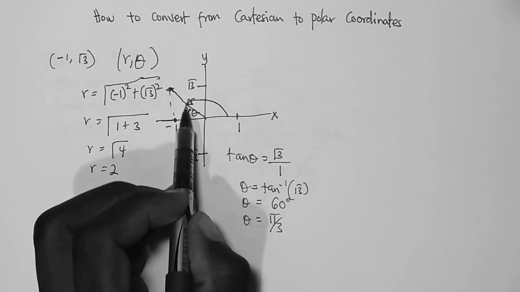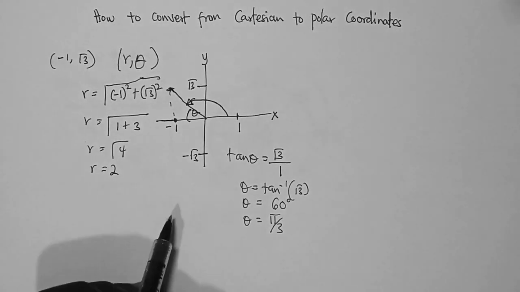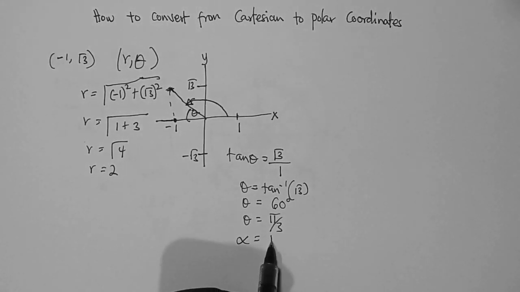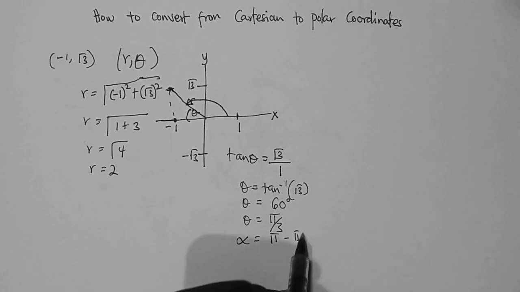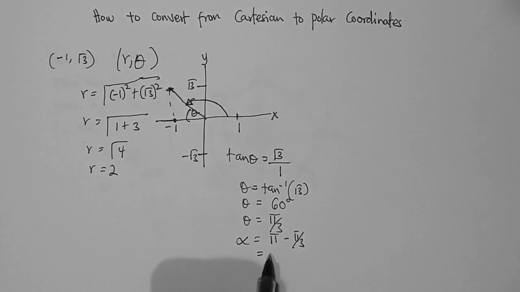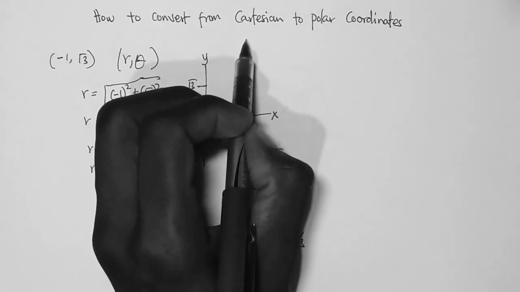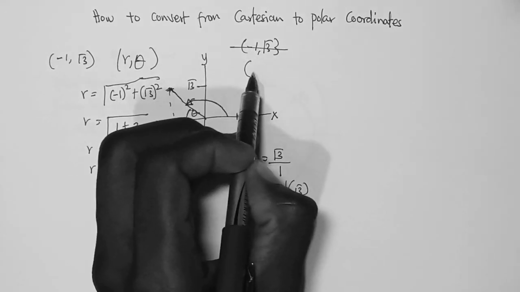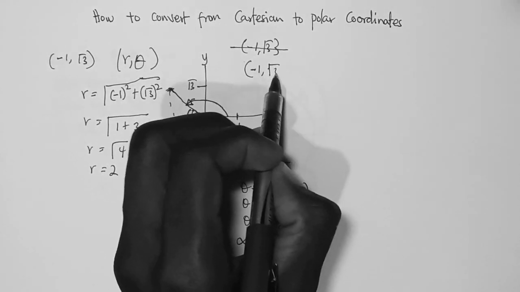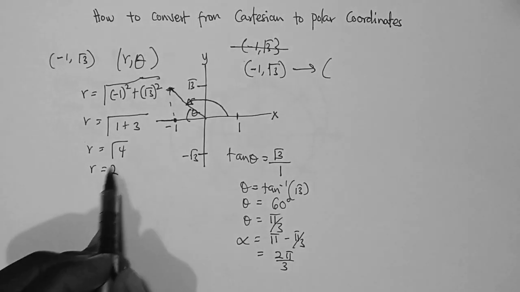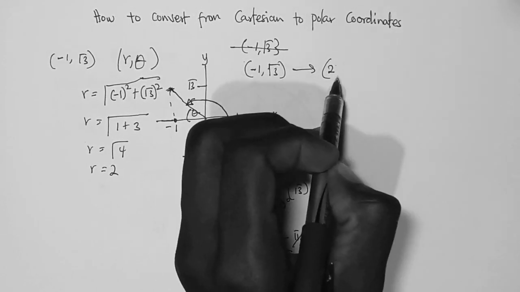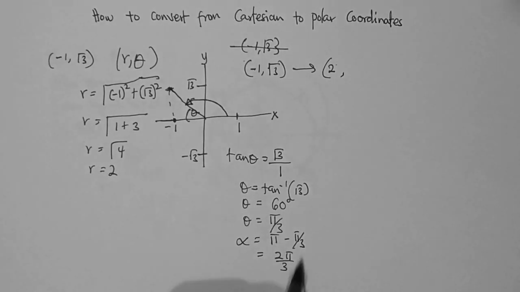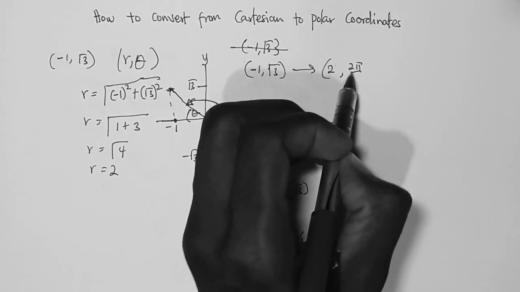So from here to here is the same as 1 pi minus pi over 3. So alpha is equal to pi minus pi over 3. And pi minus pi over 3 is equal to 2 pi over 3. So in terms of polar coordinates, minus 1 and root 3 will be given as r is 2 units and then the angle is 2 pi over 3.